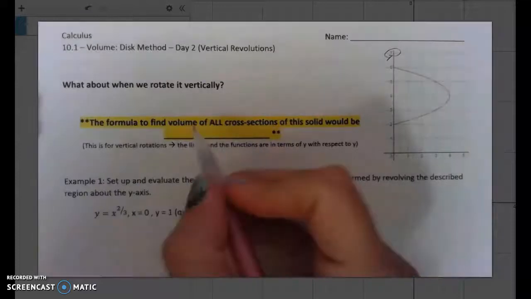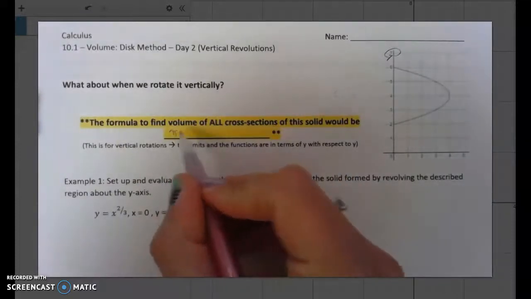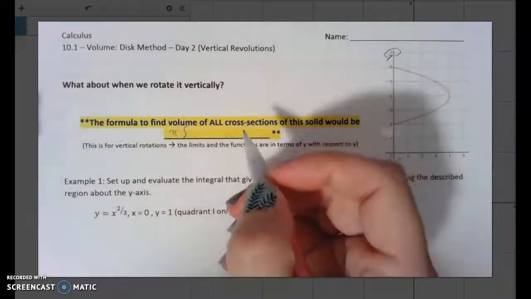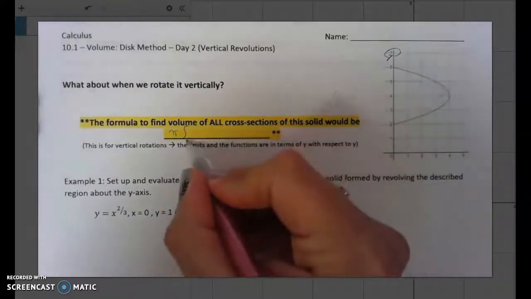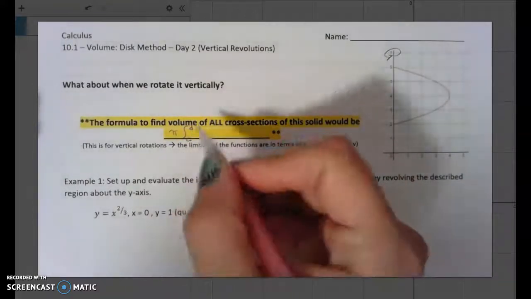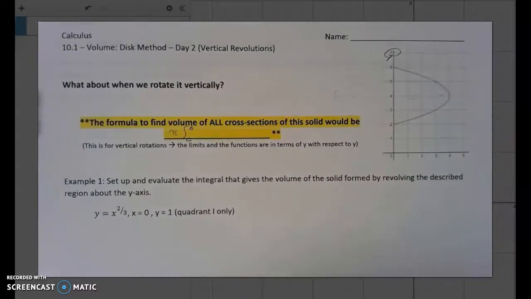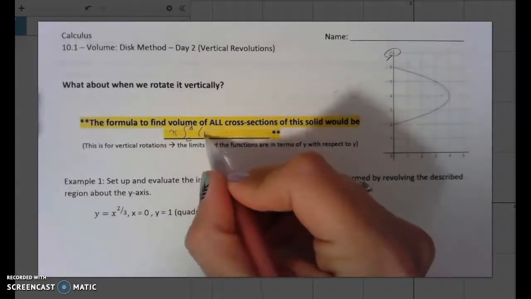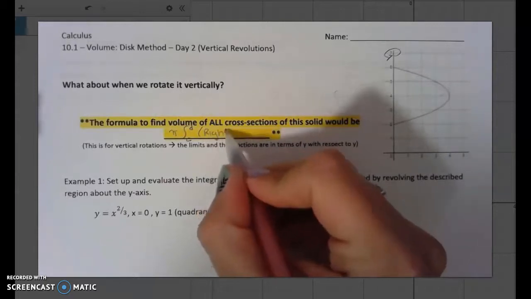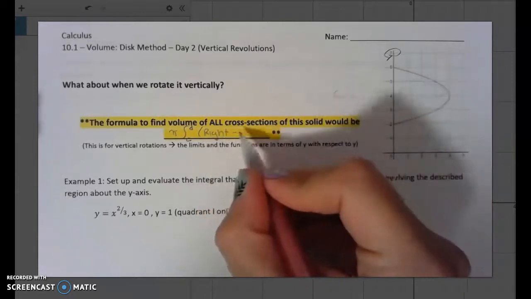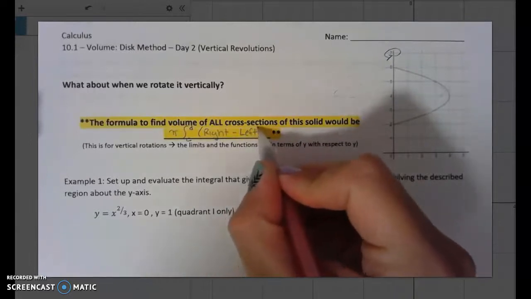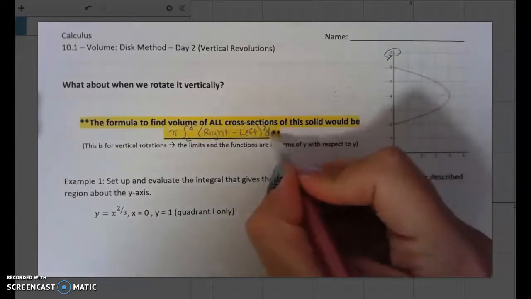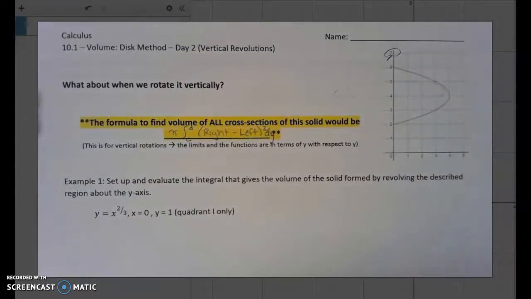So the way that we could write this would be pi times the integral, and I'm going to use a c and a d now, just so we know that these are different than a and b. A and b were in terms of x, c and d are in terms of y. And this time it's going to be the right function minus the left function squared with respect to y, so dy.